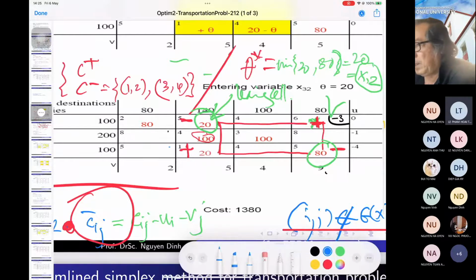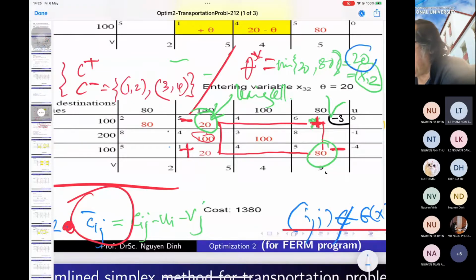What is the new xij? The theta star is 20. So in the plus cell, 20 plus 20. And the minus cell is minus 20.